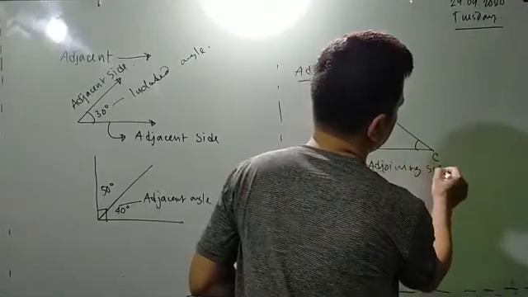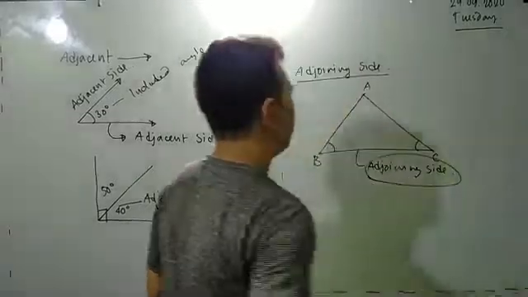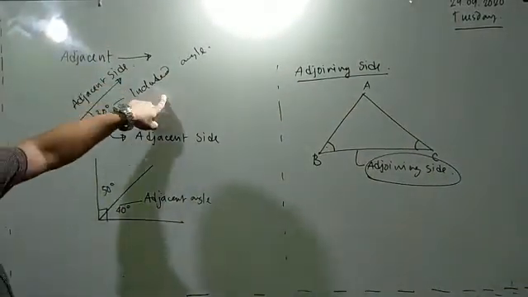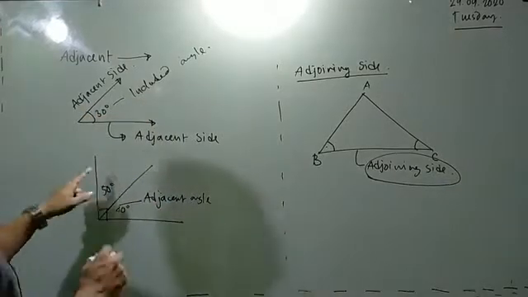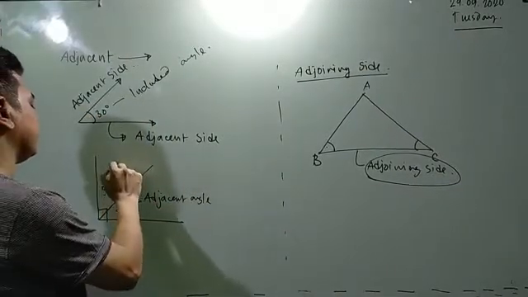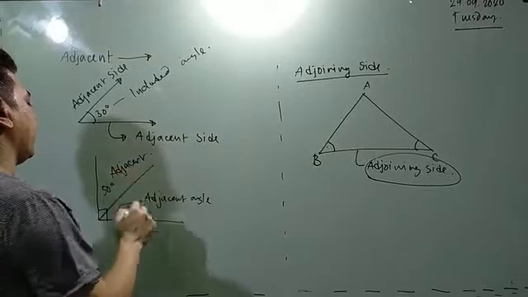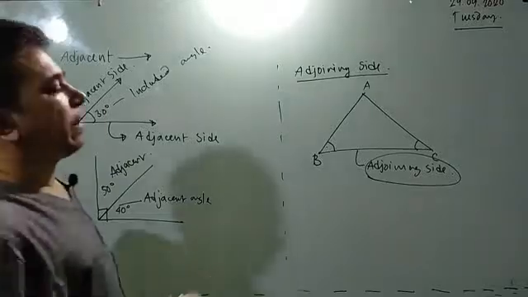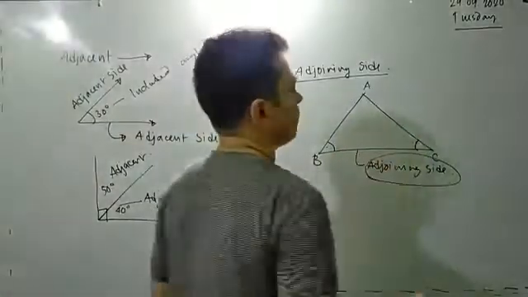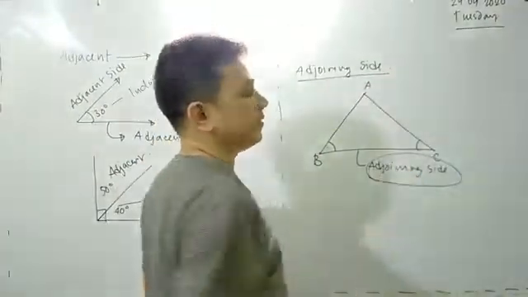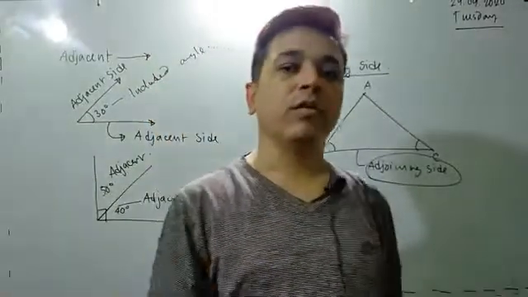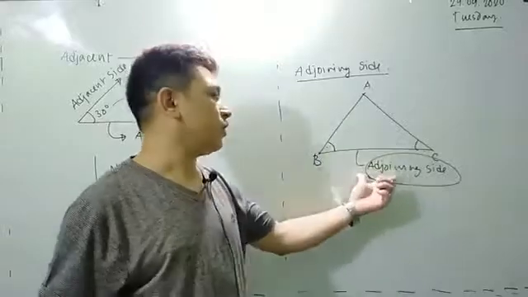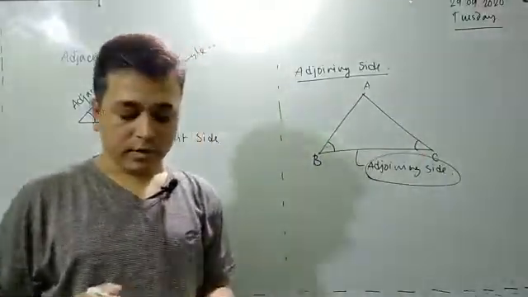I hope all of you are clear. This is called an adjacent side, the included angle, and the adjacent angle. This is the adjacent angle of this angle, and this one is the adjacent angle of this angle. The side which joins two angles is called the adjoining side. I hope all of you are clear.